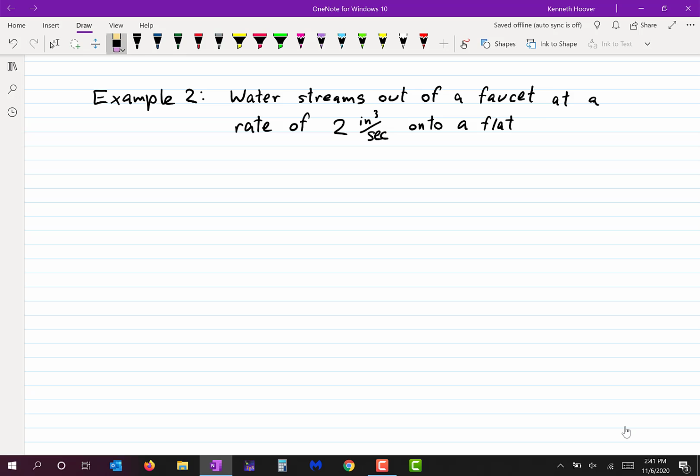That's not how you spell surface. At a constant rate, which is redundant, to be honest with you.